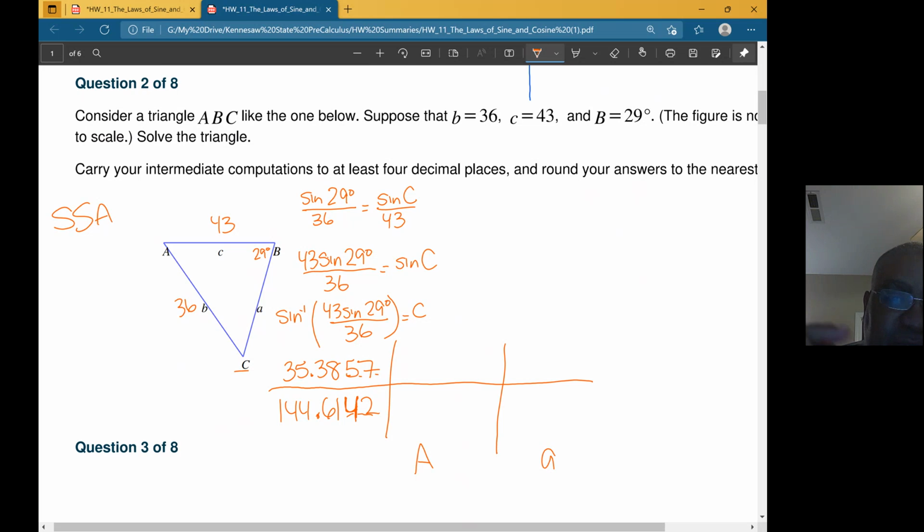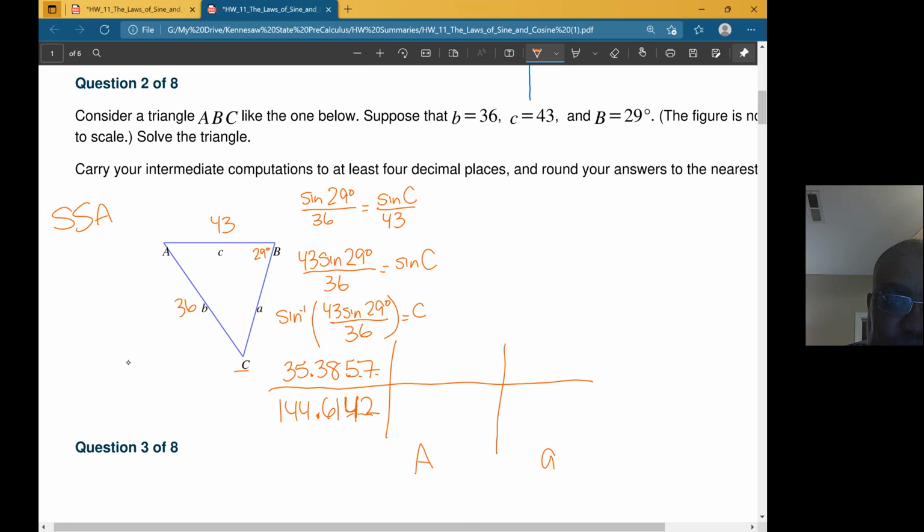So if C is the smaller one, okay? So the smaller number plus 29, that's 64 point something. And if I subtract that from 180, I get 115 point something.